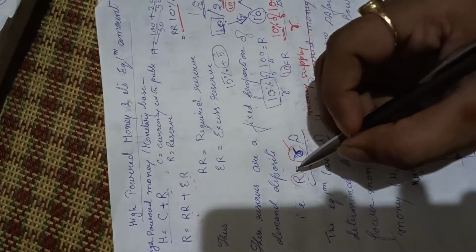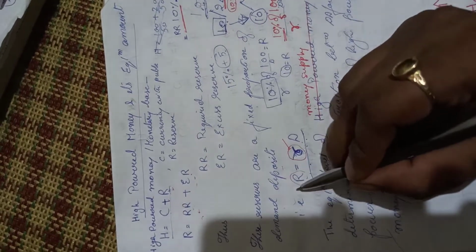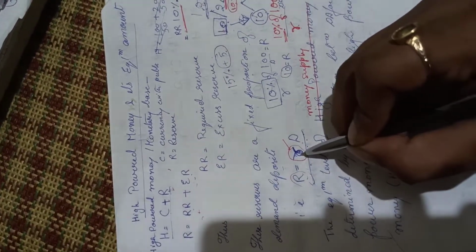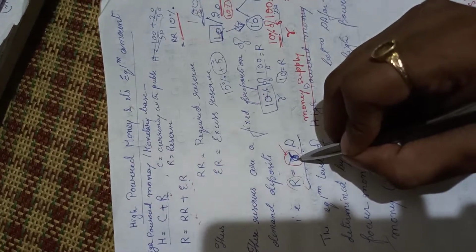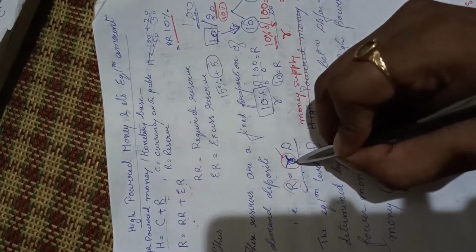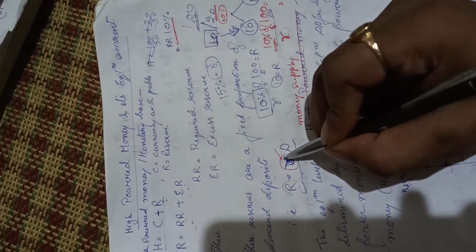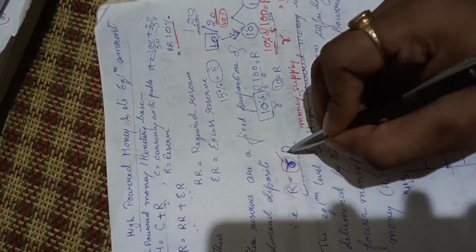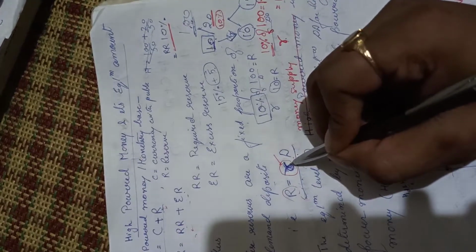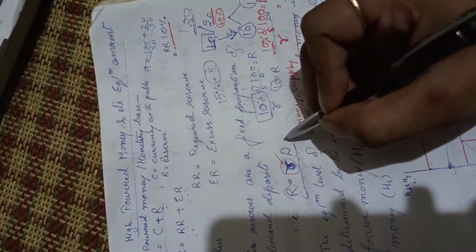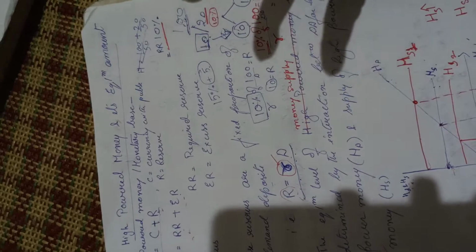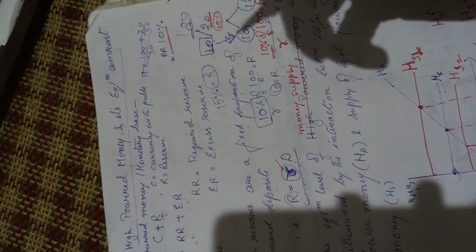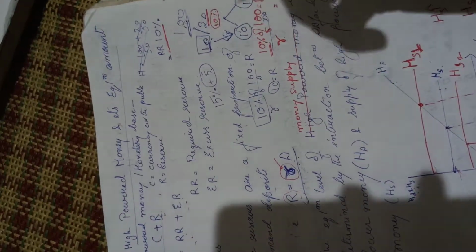Okay, so the size of your reserve depends on the rate, or this R. Okay, now this R basically shows what proportion of your demand deposit you are keeping in the form of reserve. If your demand deposit is 100, say, and your R value is 10%, then that means you are keeping 10 rupees as your reserve.